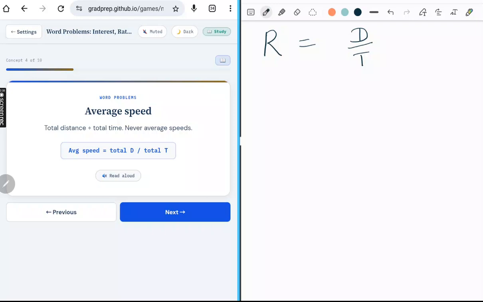Rate here is also the same as speed. Average speed is total distance over total time. We cannot take average of average. We are always cautioned not to take average of average. Average of average is not usually correct.